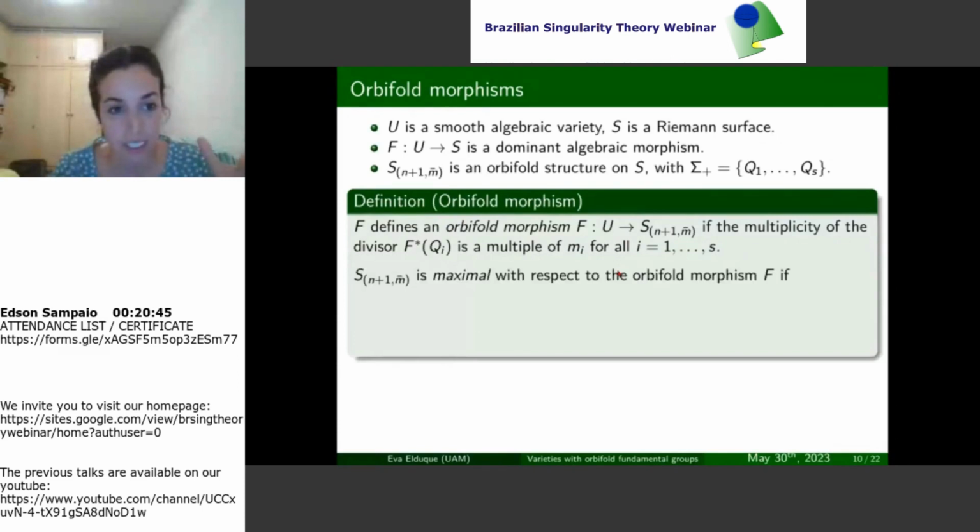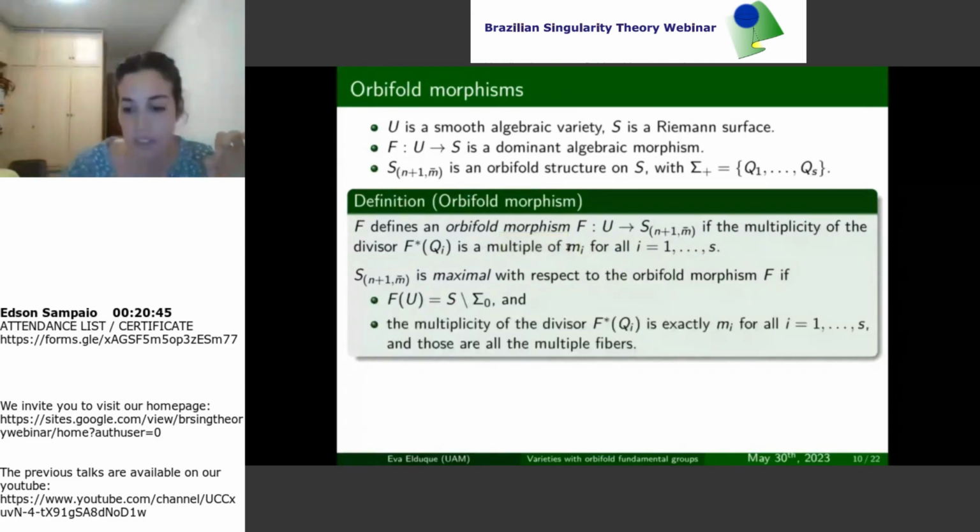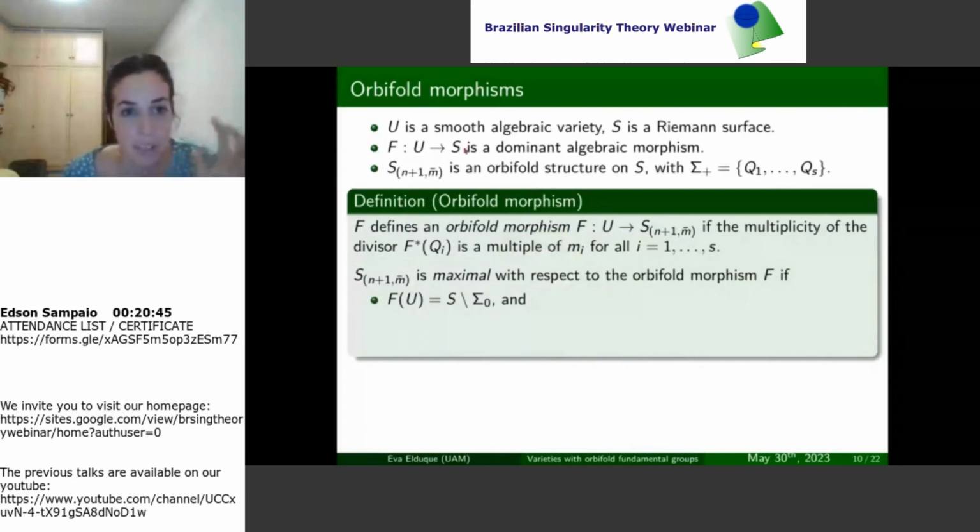So really, we're going to be interested in what's called maximal orbifold structure. So we're going to say that this orbifold structure is maximal with respect to this morphism if it's not a multiple, it is m_i. So what's going to happen is, okay, the image of U is going to be S minus the points of multiplicity 0. So the points of multiplicity 0 are what prevent the map from being surjective.